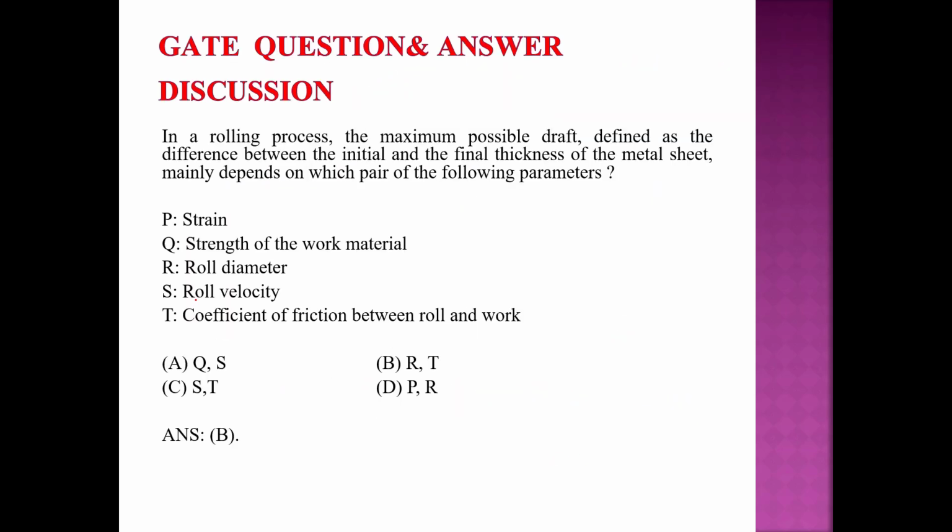Next one: in the rolling process, the maximum possible draft, defined as the difference between the initial and final thickness of metal sheet, mainly depends on which pair of the following parameters: strain, strength of work material, roll diameter, roll velocity, coefficient of friction between roll and workpiece.